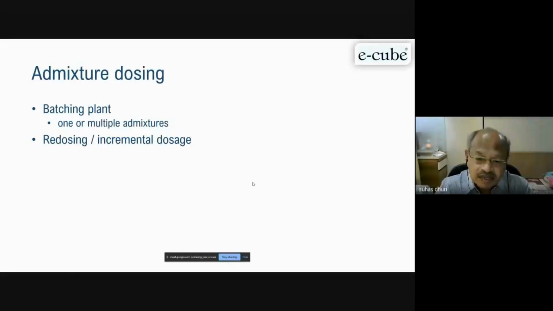Your truck drivers are not allowed to add any admixture into the concrete transit mixer because they are not qualified. In India, the drivers who are transporting these transit mixers are not qualified for concrete.